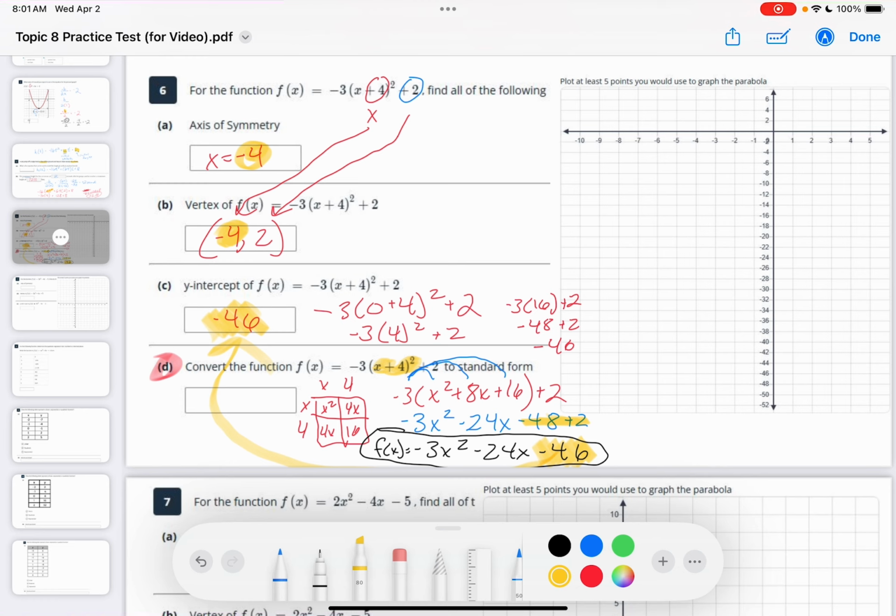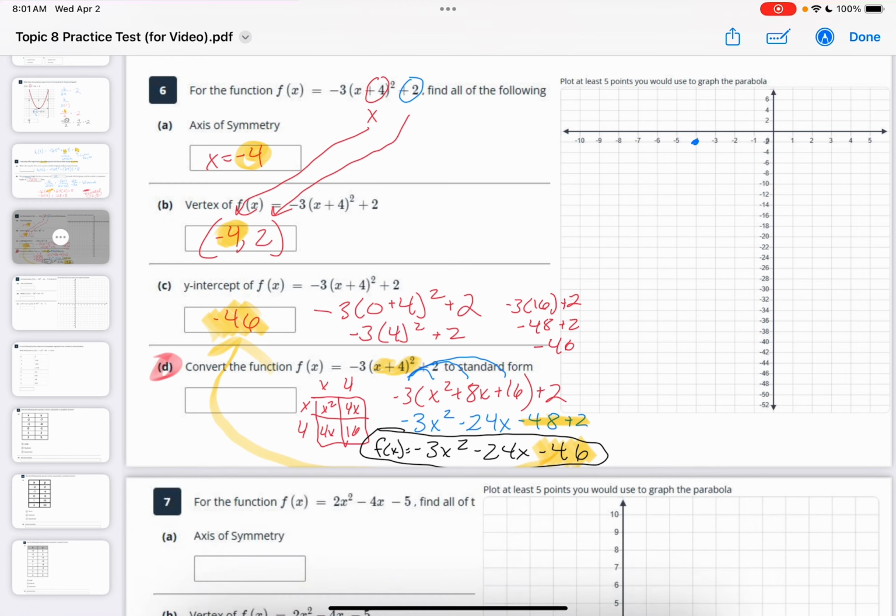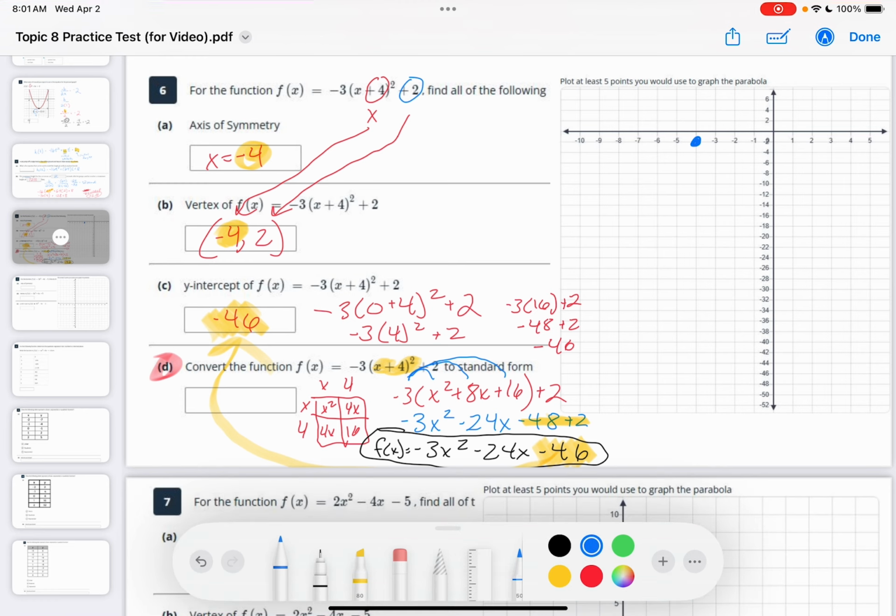Now, as far as graphing this thing goes, again, a lot of this is already done. We know what the vertex is. It's negative 4, 2. We know what the y-intercept is. It's negative 46. We know what the axis of symmetry is.